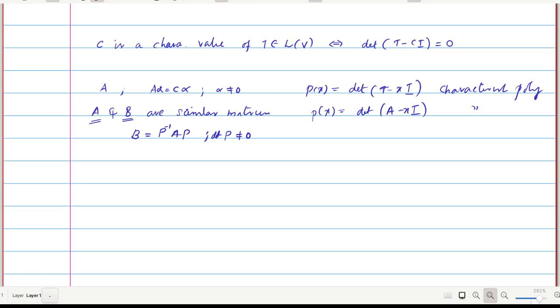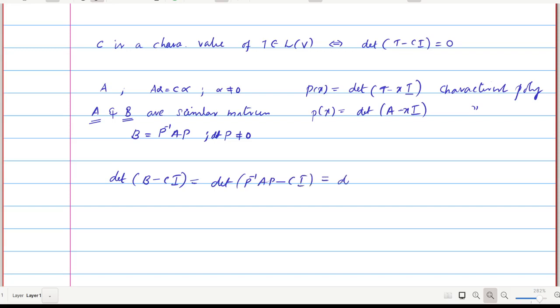We will prove that for two similar matrices, the characteristic equations or characteristic polynomials are the same. Write the characteristic polynomial of B as determinant of B minus cI. This is nothing but determinant of P inverse AP minus cI.